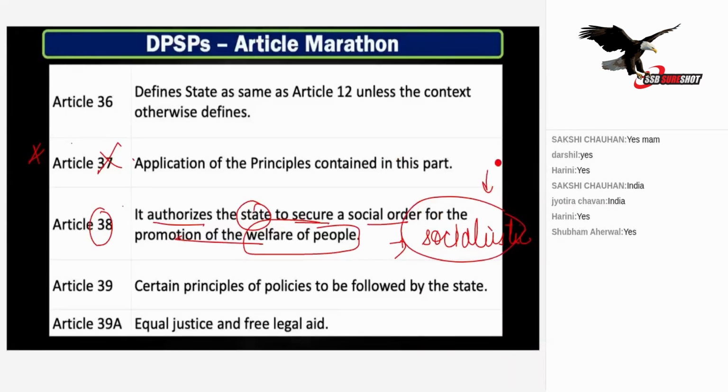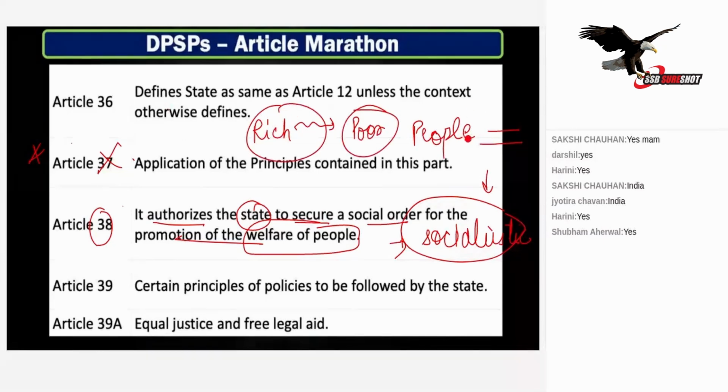I've already explained what is socialistic and what is capitalistic. Socialistic is when people are on an equal platform, when resources are taken from the rich and given to the poor, when there is a society which works for the welfare of every single section, then that is known as socialistic order. So Article 38 provides for a socialistic environment.